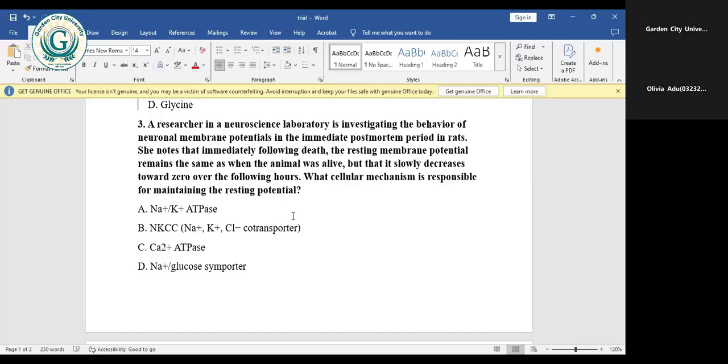She knows that immediately following death, the resting membrane potential remains the same as when the animal was alive, but that it slowly decreases towards zero over the following hours. What cellular mechanism is responsible for maintaining the resting potential?